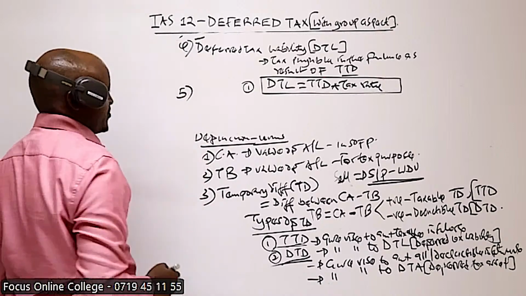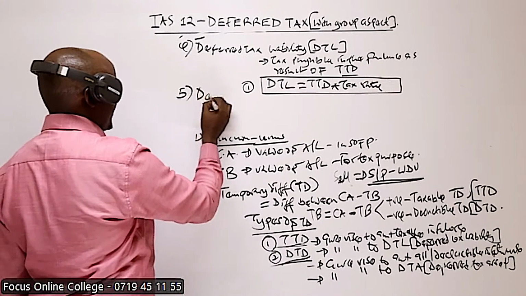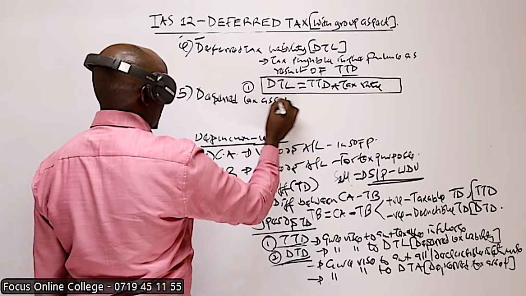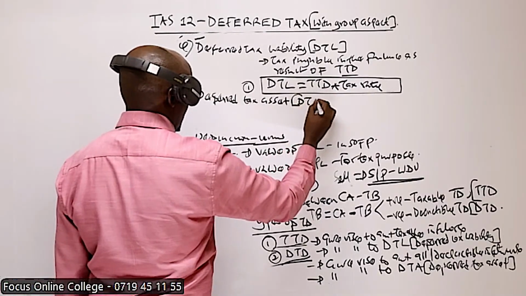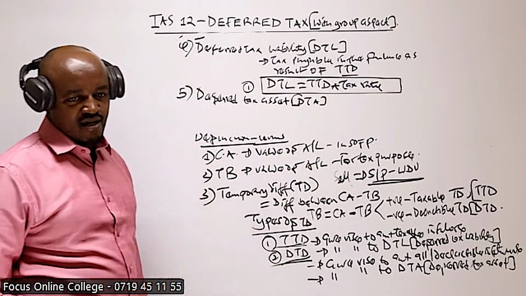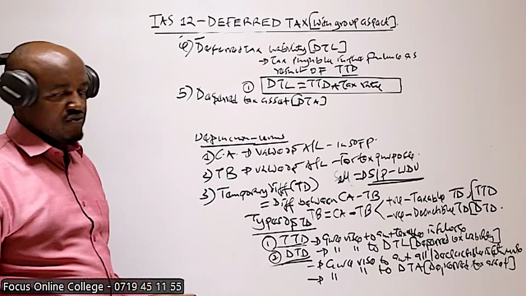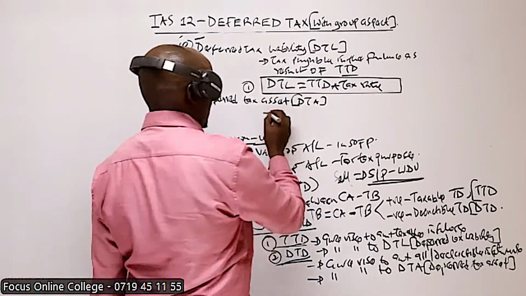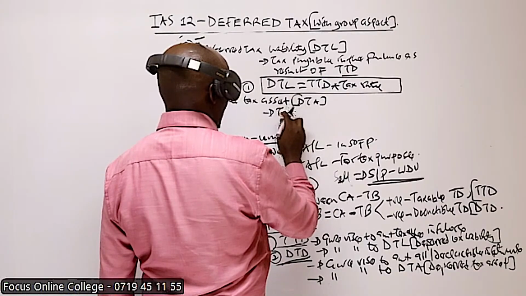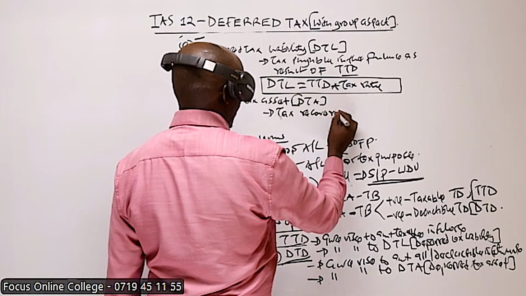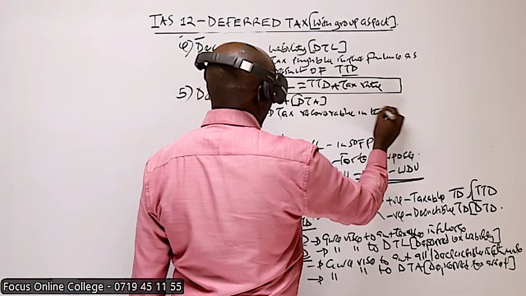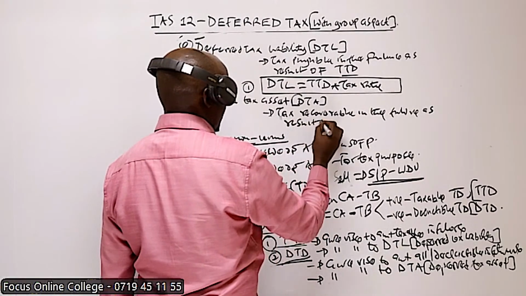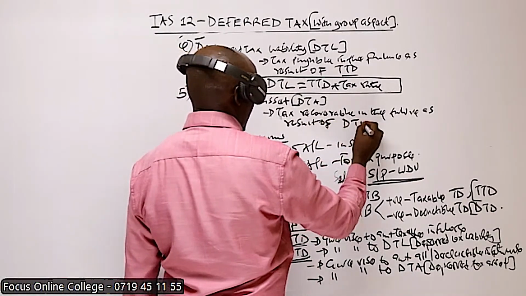The last term you need to know how to define here is the deferred tax asset. Now, a deferred tax asset, basically, is a tax which is recoverable in the future as a result of deductible temporary difference.